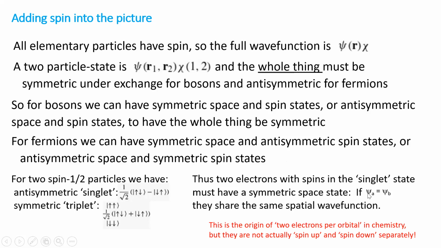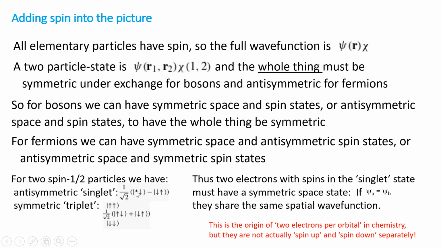In chemistry, each orbital or each wave function admits two electrons, and that's because two electrons can share the same spatial wave function or orbital and be in the singlet state where there are two spins there in an antisymmetric spin state. Notice though, it's kind of interesting that they're not actually just spin up and spin down separately.